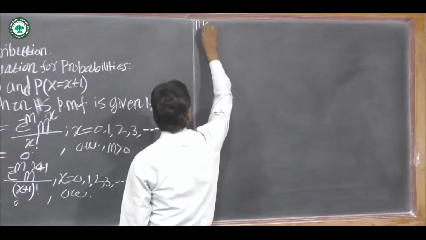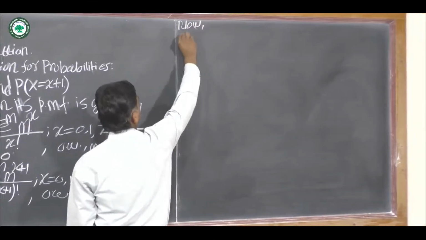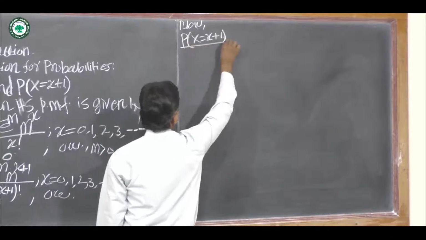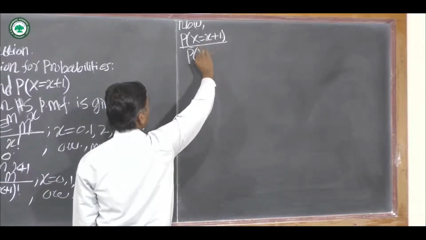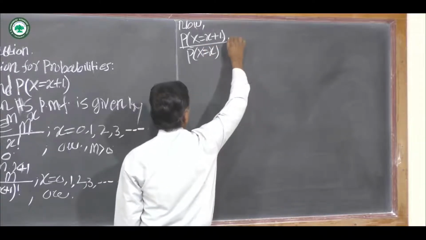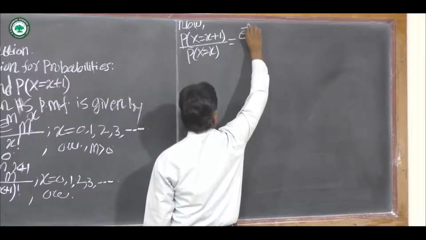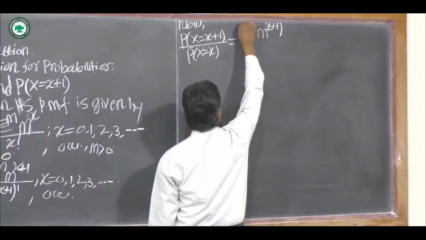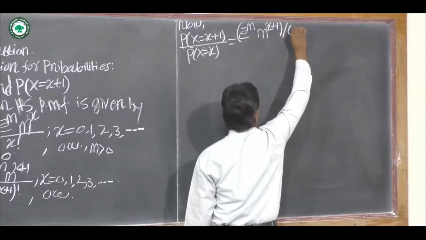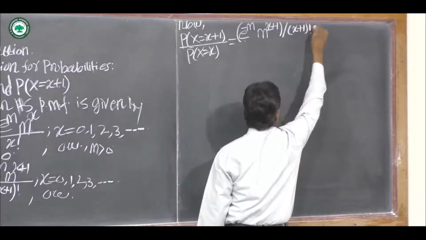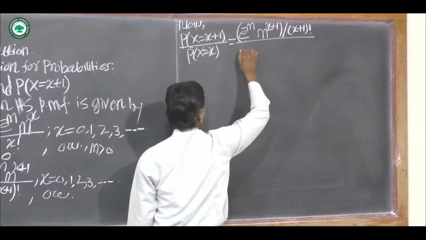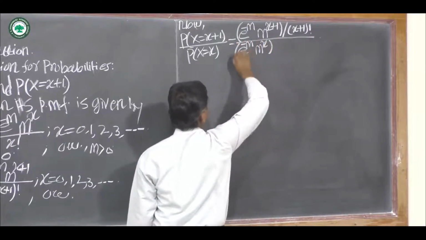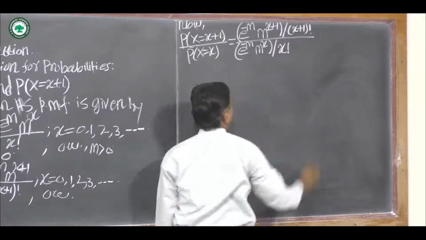we take the ratio of probability of x equal to x plus 1 divided by probability of x equal to small x, which is equal to e raised to minus m, m raised to x plus 1, divided by x plus 1 factorial, this whole divided by e raised to minus m, m raised to x, divided by x factorial.